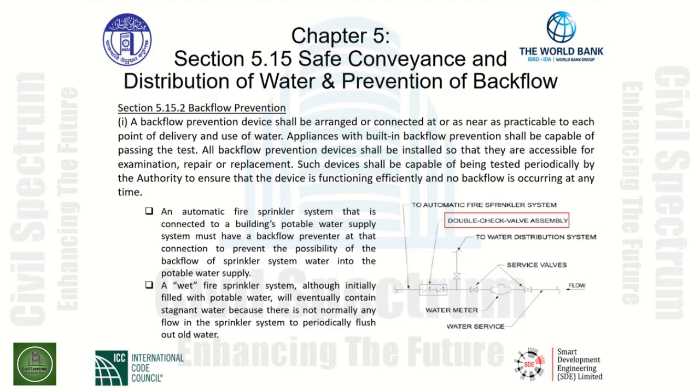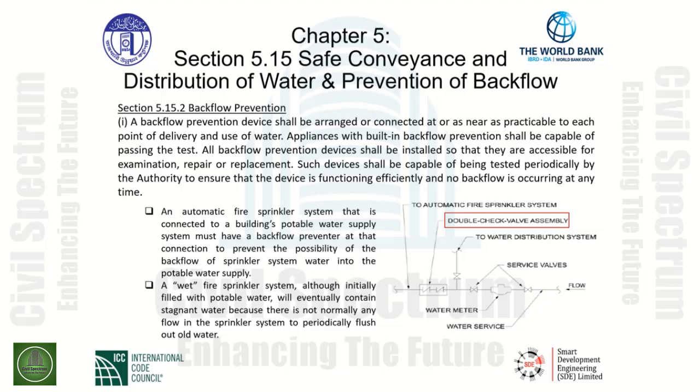All backflow prevention devices shall be installed so they are accessible for examination, repair, or replacement. Such devices shall be capable of being tested periodically by the authority to ensure that the device is functioning efficiently and no backflow is occurring at any time.